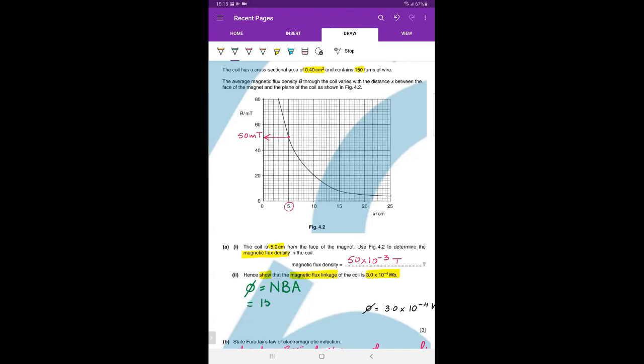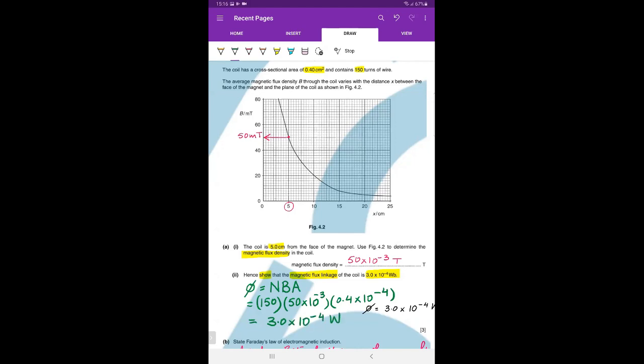So number of turns, ऊपर से copy कर लेना. Strength of the magnetic field 50 millitesla and area 0.4 cm square. Conversion साथ साथ कर रहा हूँ. Simplify कर लीजिएगा. तो जो green वाला आंसर मैं लिख रहा हूँ ना phi का, that amounts to this value.